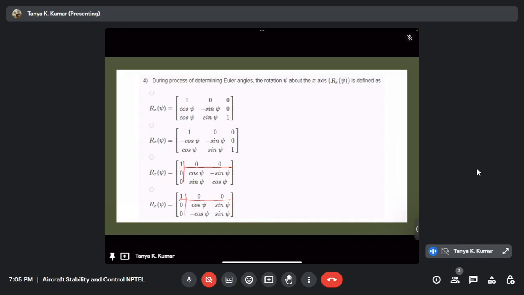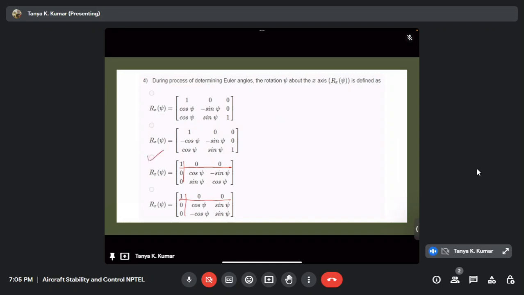Now, what is the correct sequence for cos and sine? We've just seen these matrices in the previous case.